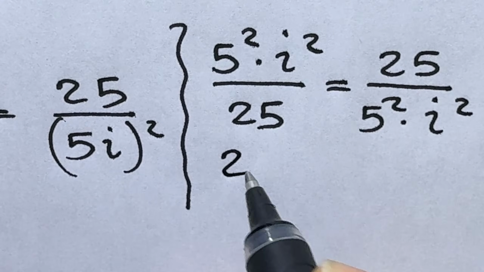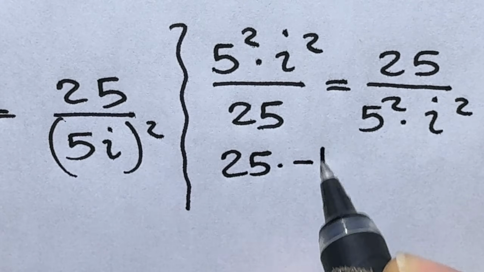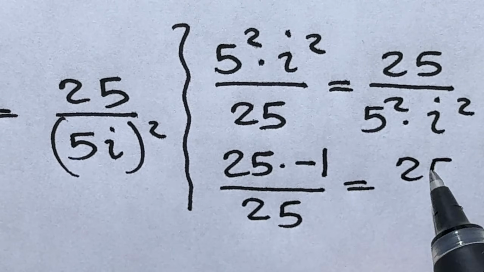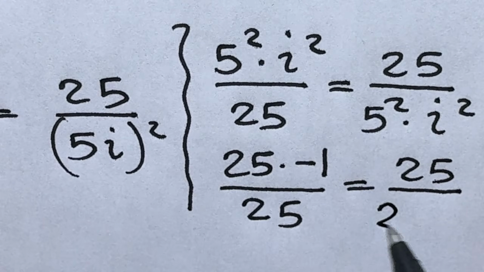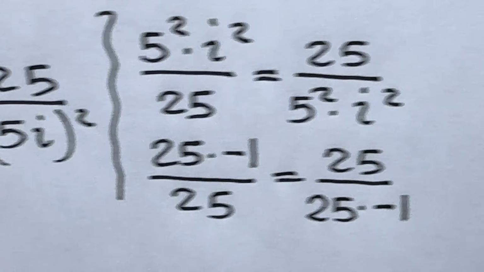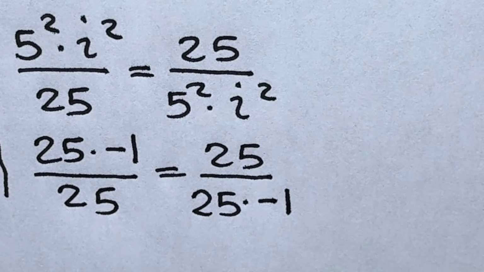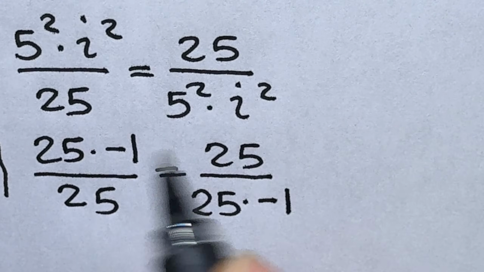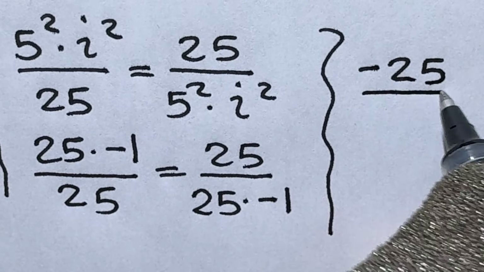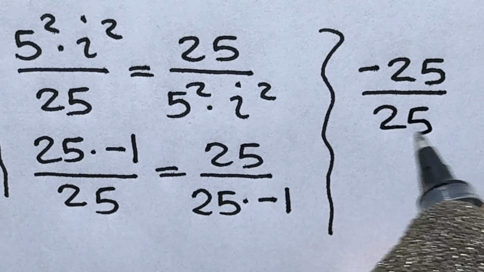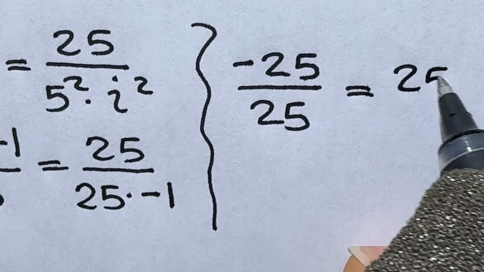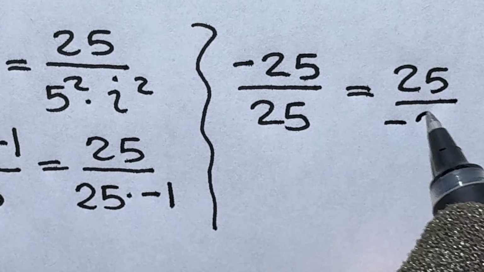So 5 squared is 25, i squared is negative 1, and divided by 25 is equal to 25 divided by 25 times negative 1. Negative 25 divided by 25 is equal to 25 divided by negative 25.